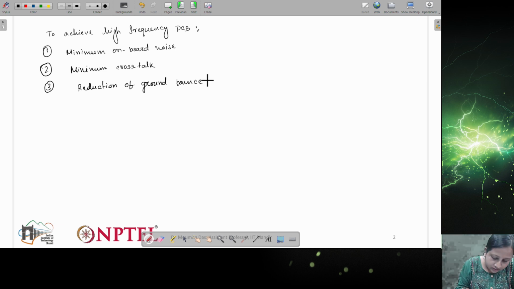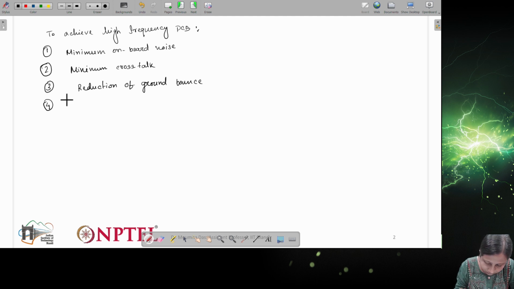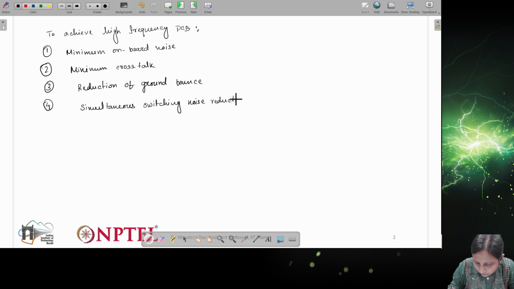Now the fourth point is simultaneous switching noise reduction during operation.